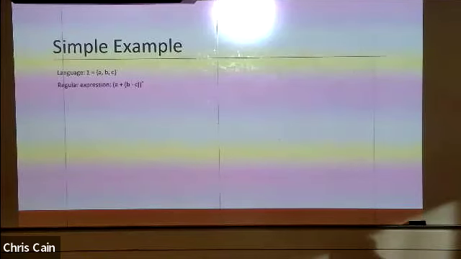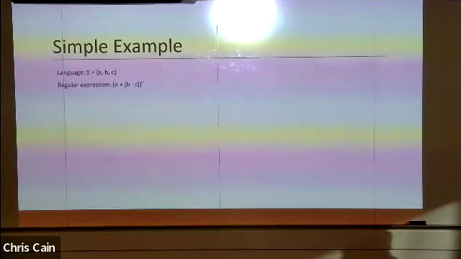What does this regular expression mean? If you were to say this in English. It does use the terms that you had on the last slide. The superset of A union BC. The star closure of A union BC.